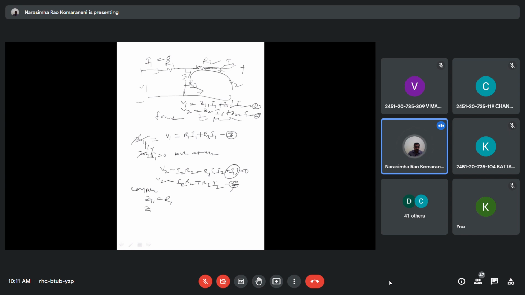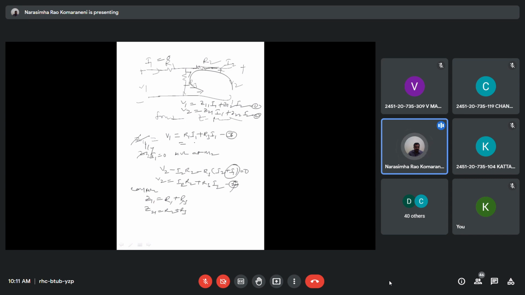That is Z11 equal to R1 plus R3, and Z21 equal to R2 plus R3.